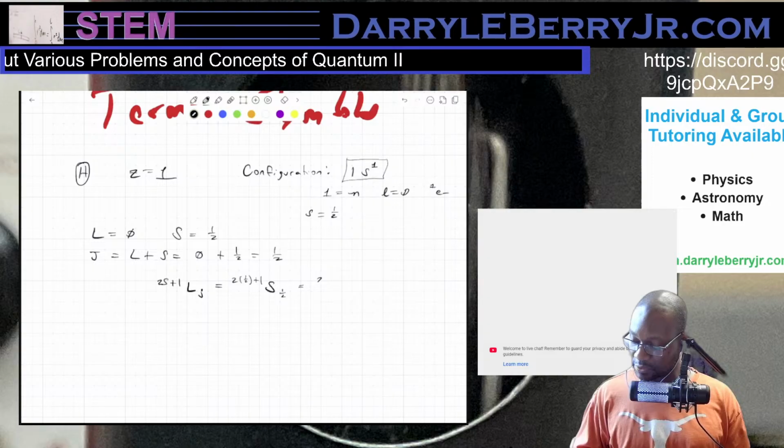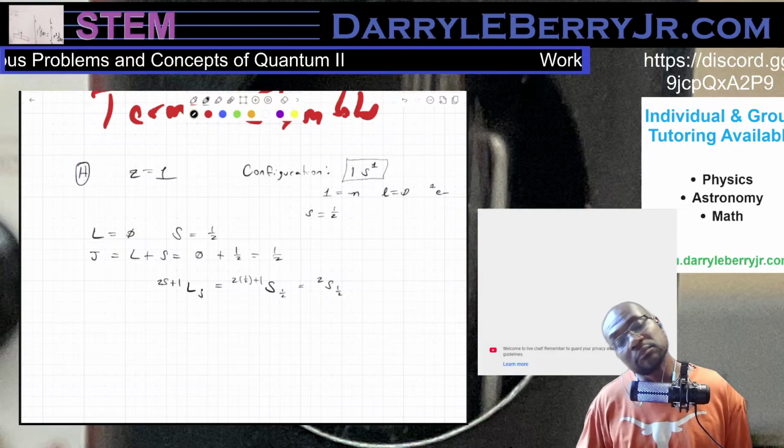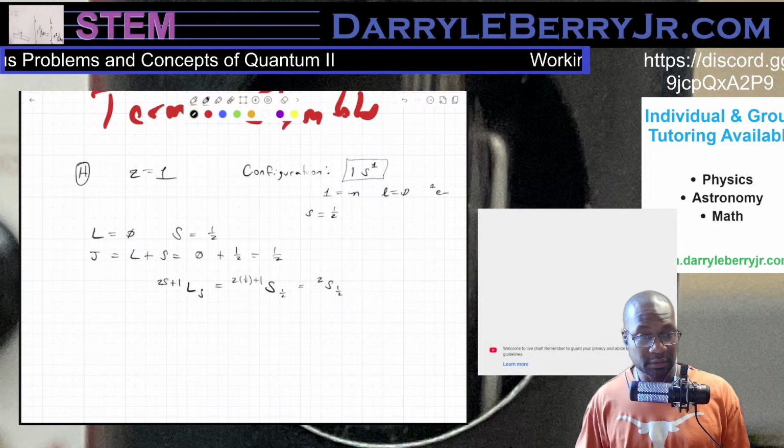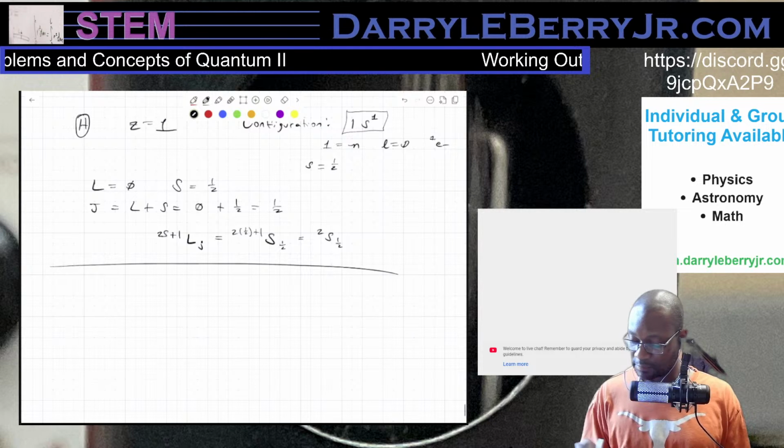So it becomes 2S1/2. That's pretty much the process. Still not clear on why, but hopefully it'll illuminate itself as we go through more atoms.